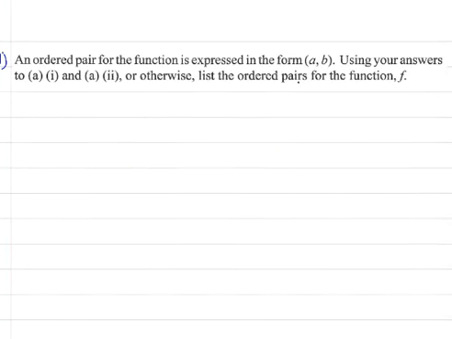The third part of the question says an ordered pair for the function is expressed in the form (a, b). Using your answers to ai and aii or otherwise, list the ordered pairs for the function f.